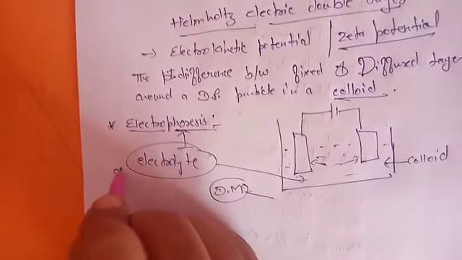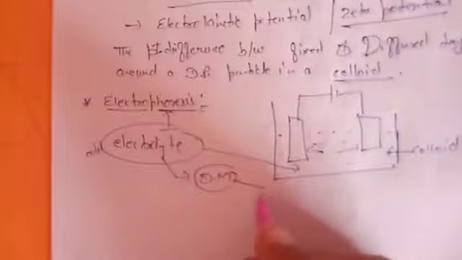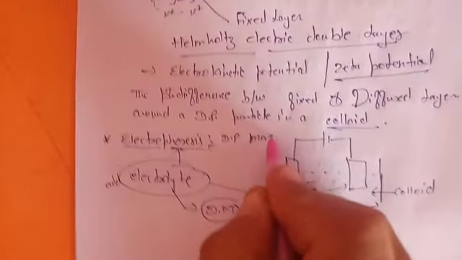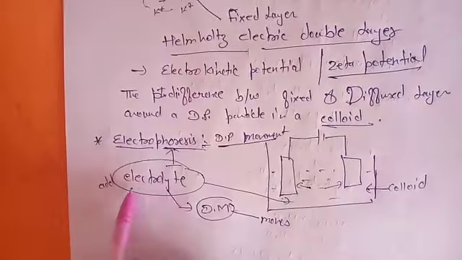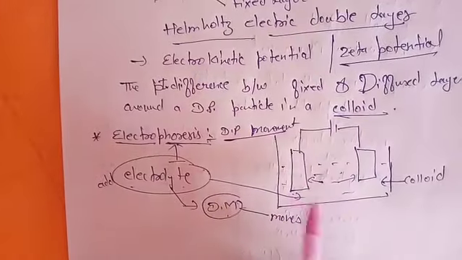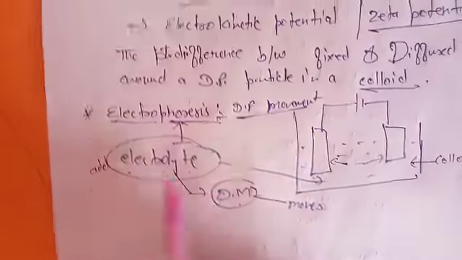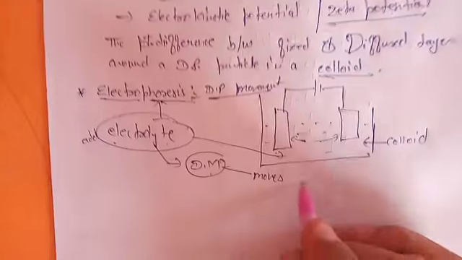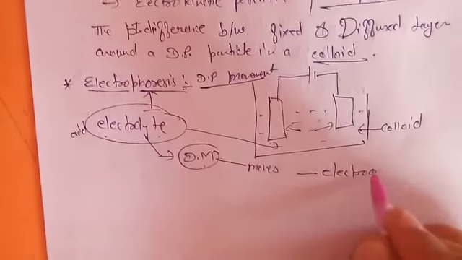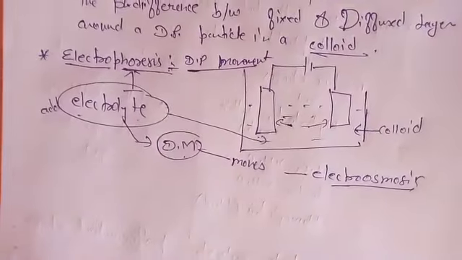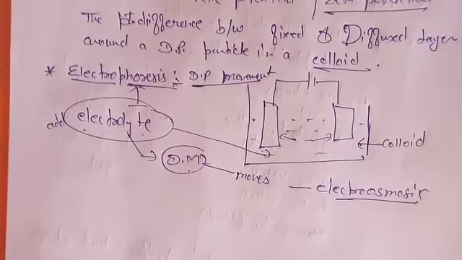Electrophoresis is the movement of dispersed phase particles under electric influence. If you add electrolyte, the dispersed medium particles start moving while the dispersed phase particles remain as they are, and that process is termed electroosmosis.